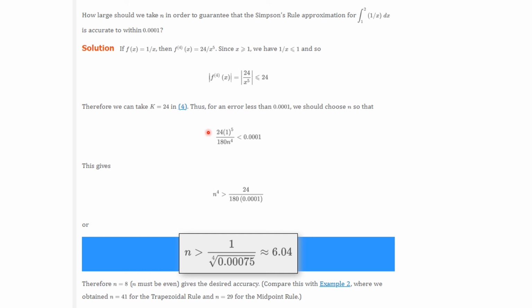We substitute into the error formula, taking this to be the maximum error we'll allow, and solve for n, and we find that n is approximately 6. This is dramatically smaller. We can't take n to be 7 because it must be even, so we take n to be 8. Still, that is much better than the 41 and 29 that we had before. Again, this is a kind of problem that I often like to ask.